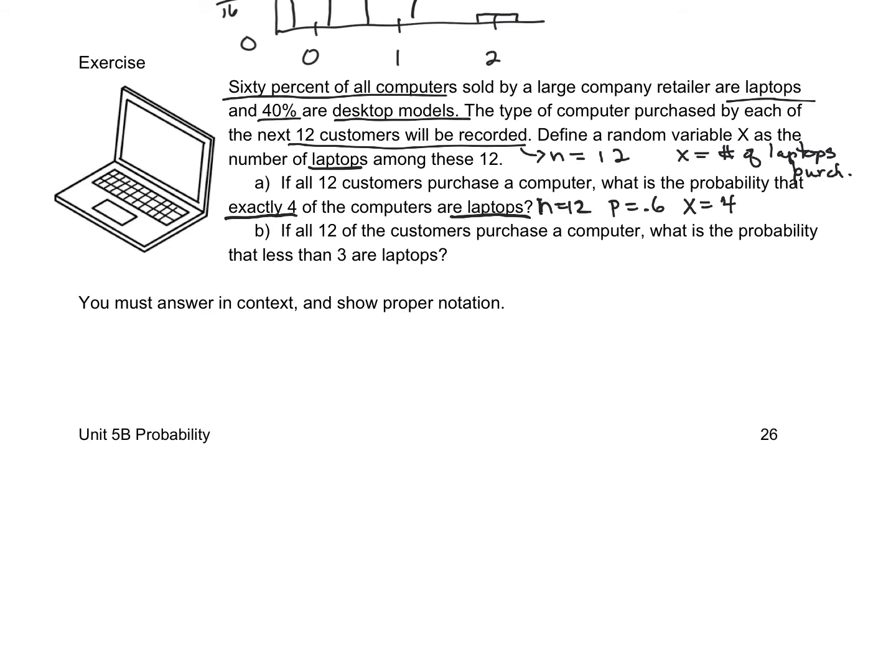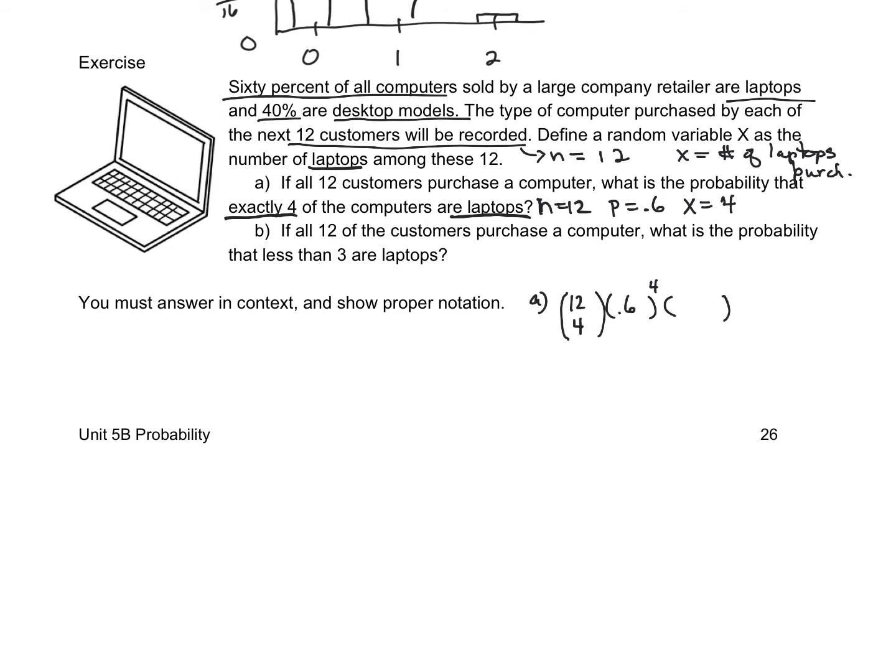So now let's take part A down here and write it out in the long form. What is my formula? n choose x, so this is 12 choose 4. Success is 0.6, but to what power? The 4th, because we did 4 successful laptop purchases.